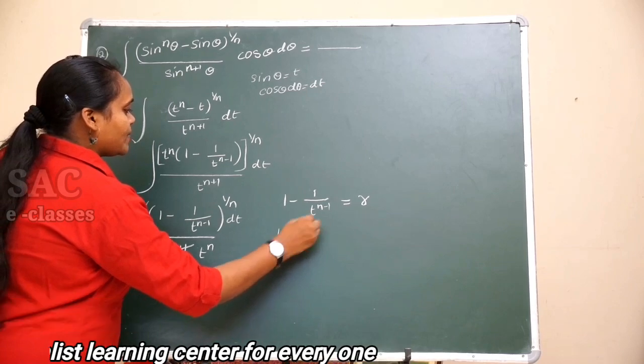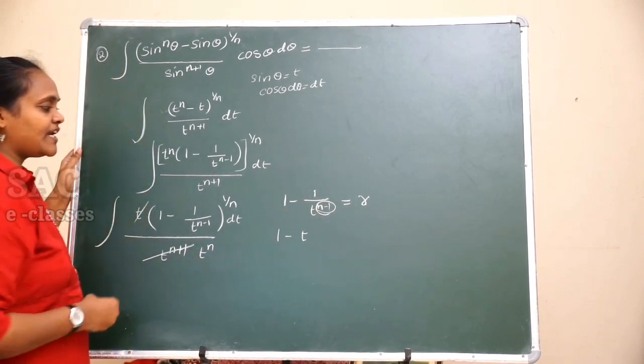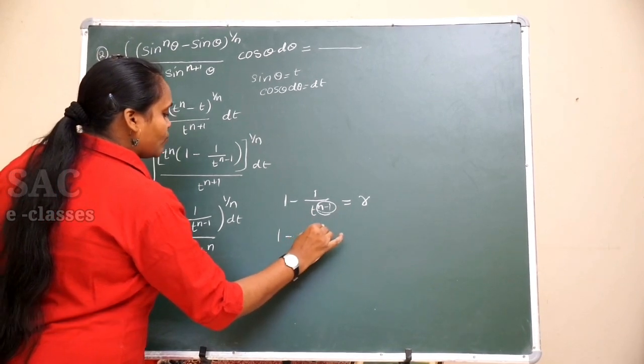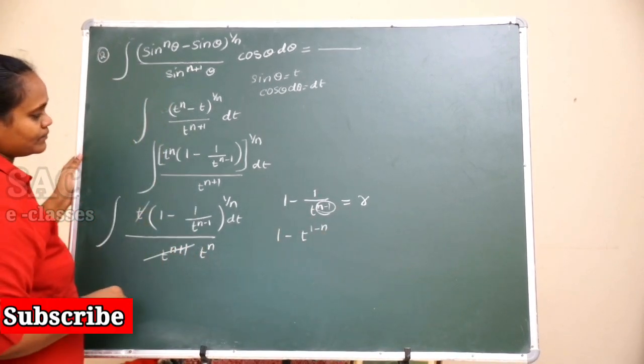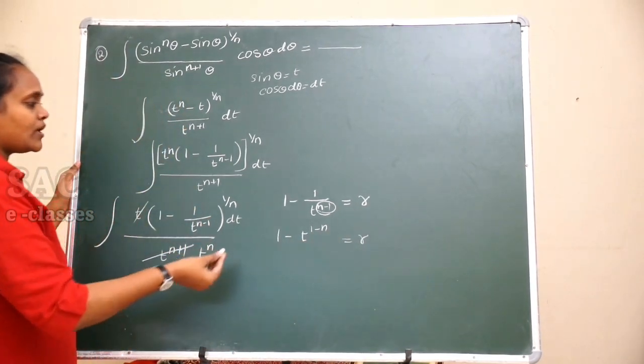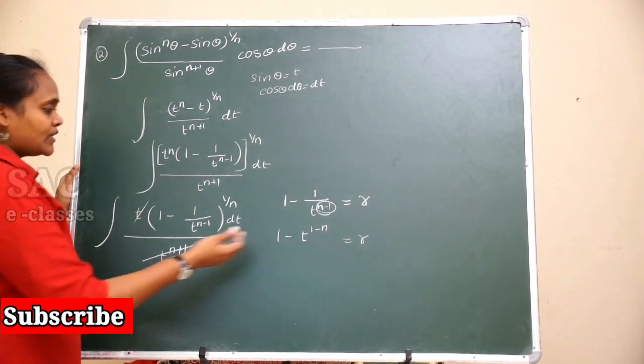Negative power means n − 1 converts to 1 − n. Let us differentiate both sides with respect to t and r.